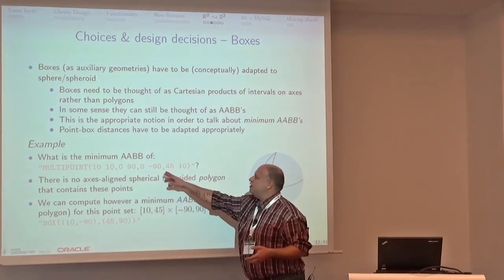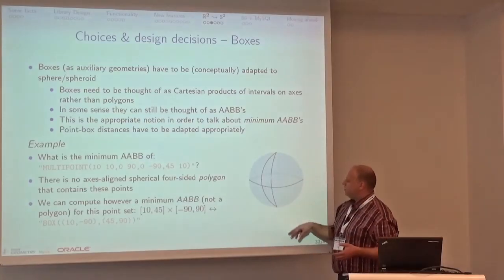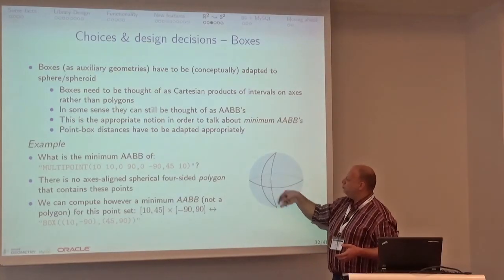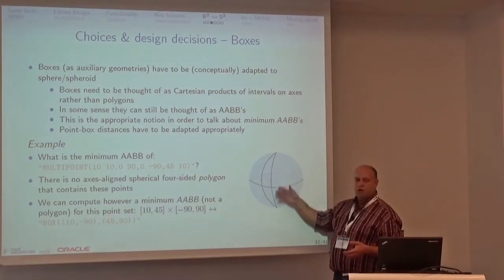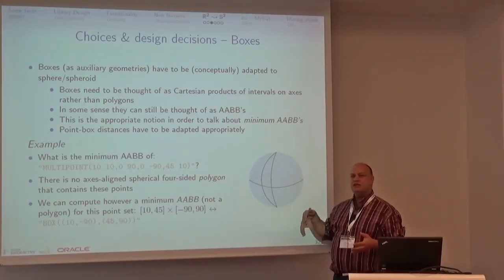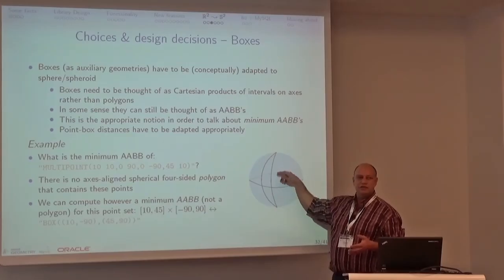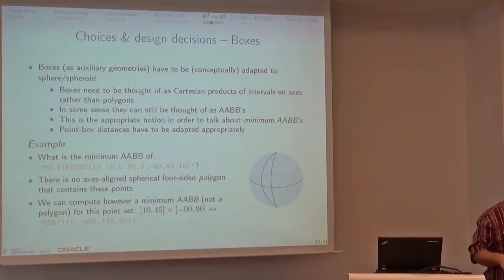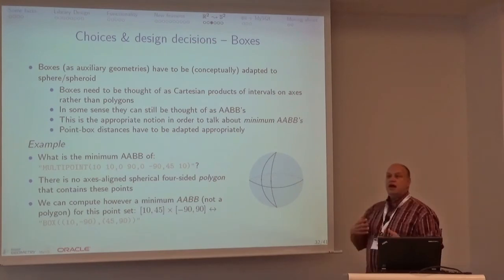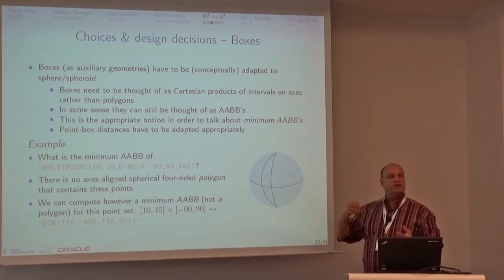So think of this set of points. These are these 4 points that you see over here. We're talking about the 2 poles and another 2 points here. If you really want to compute a polygon that is coordinate system aligned and contains these 4 points in a minimum way, you will have a very hard time figuring out what this polygon is. However, if you think of a box that contains these points, and what is a box now?